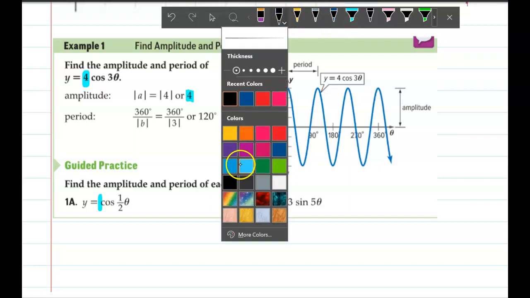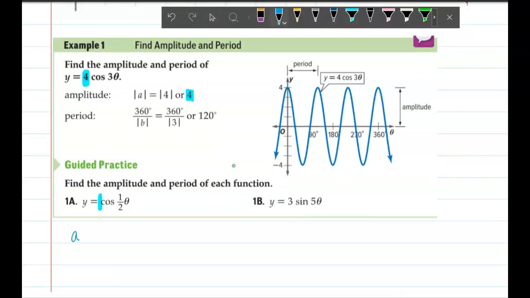It's an invisible number 1. So the amplitude for 1a is 1. Looking at 1b, we have a 3 here. So the amplitude is 3.